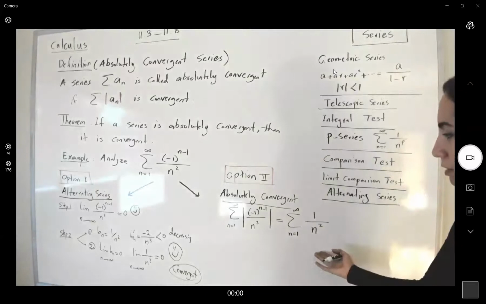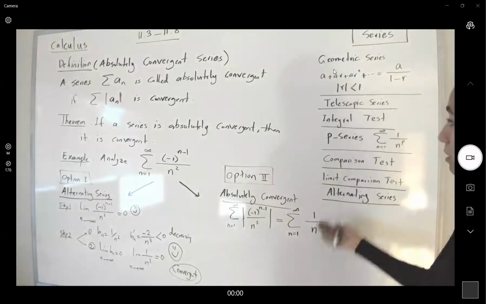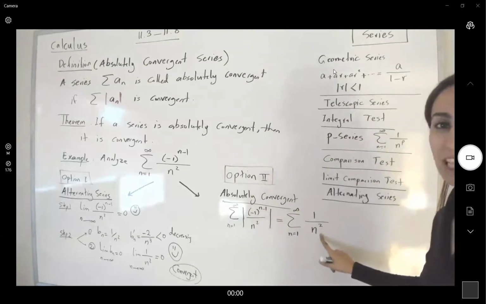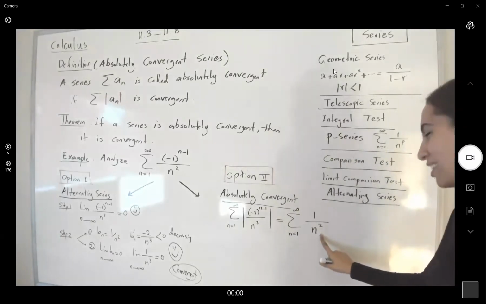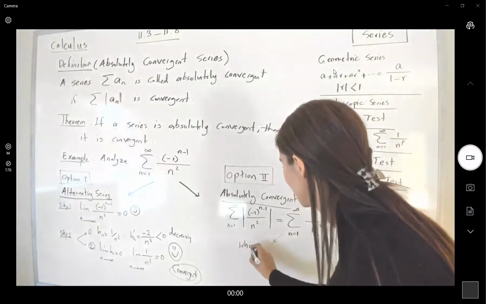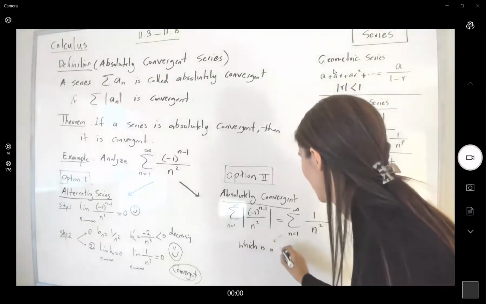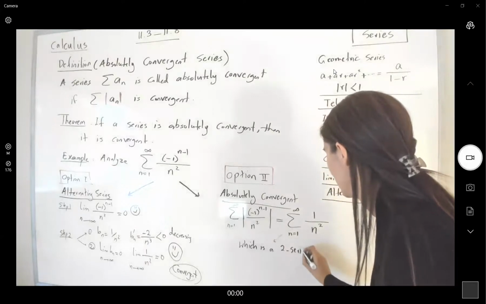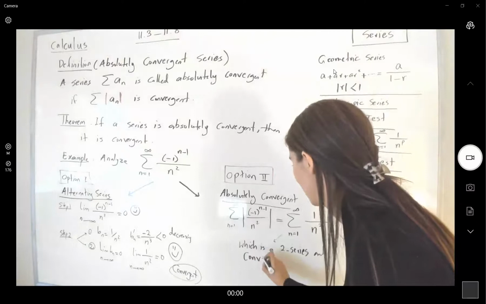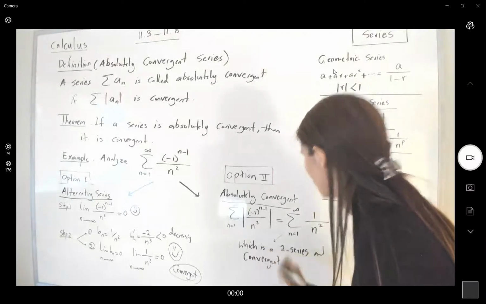Okay, what is this series? This is the P series. P is 2, which is larger than 1, so it is convergent.